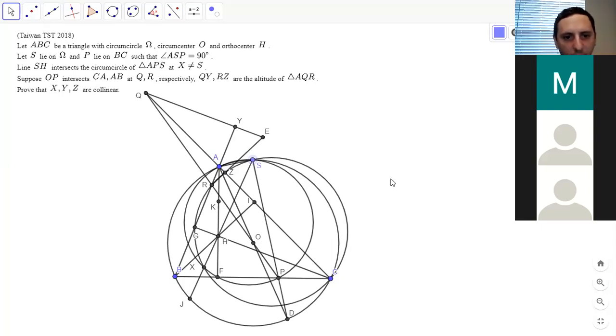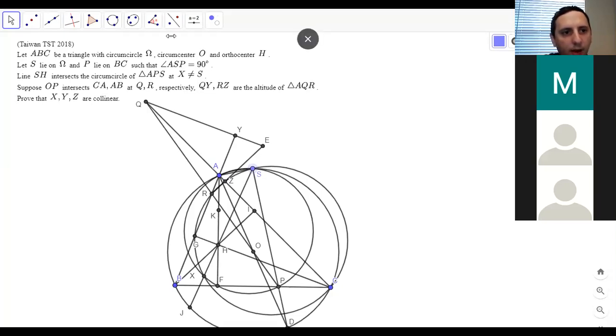Because RZC is 90 degrees, right? So RC would be the diameter. Wait, no, that doesn't make sense. Wait. So KX is parallel to AJ.